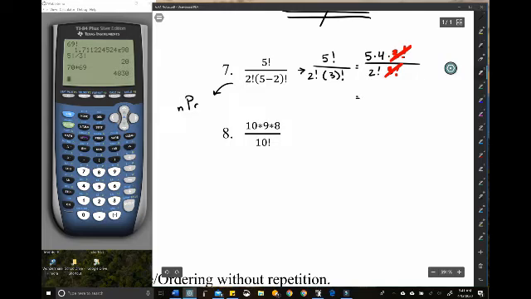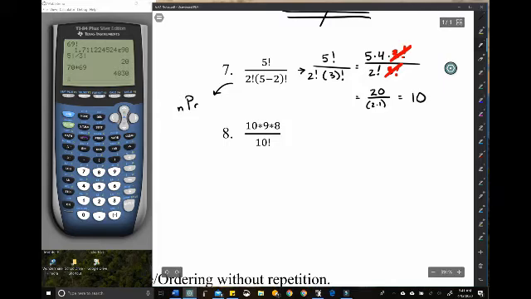It will still leave this 2 factorial down below, okay? We'll still have to worry about that, so only one instance cancels. So it's 20 divided by really 2 times 1, which is 20 divided by 2 is 10.